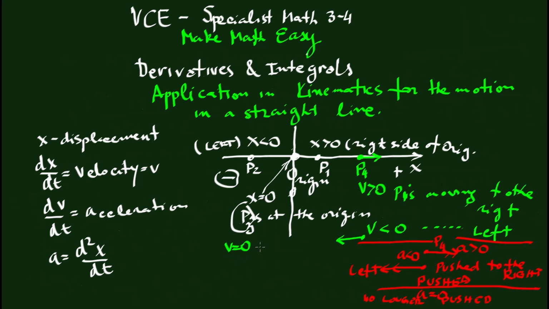When V is 0, the particle has stopped. There is no velocity, no movement. So P has stopped. And we said when X is 0, then it's at the origin. Alright.